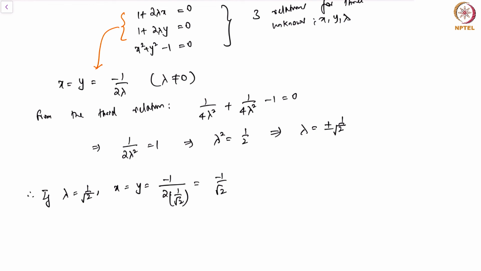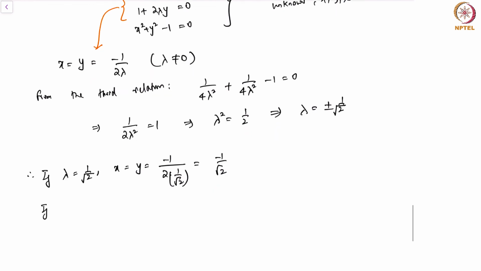So x and y are minus 1 by root 2, and if lambda is equal to minus 1 by root 2, then x and y are both equal to 1 by root 2. So now I have the coordinates of the 2 points. The coordinates of the 2 points are stationary points of L.